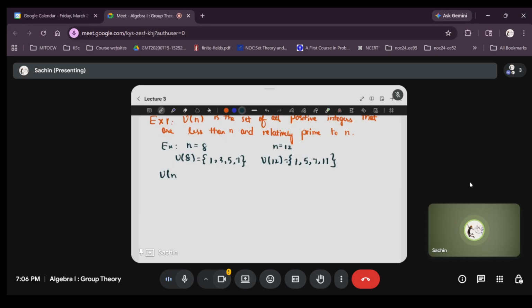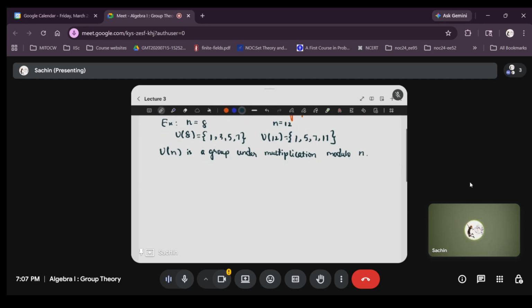Now U of n is a group under multiplication modulo n. For example, under mod 8 multiplication, we can write a table of the group operation.